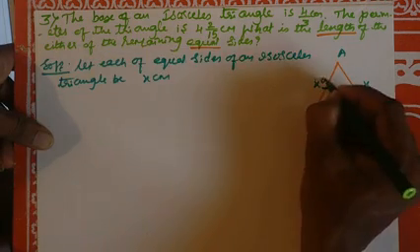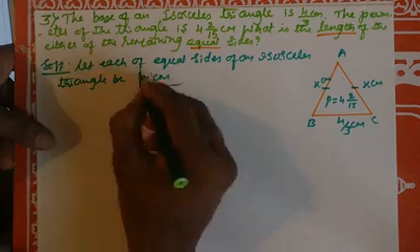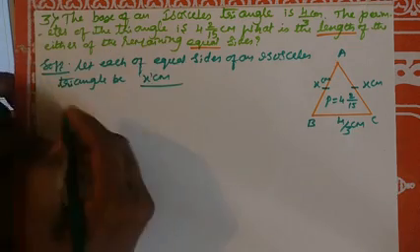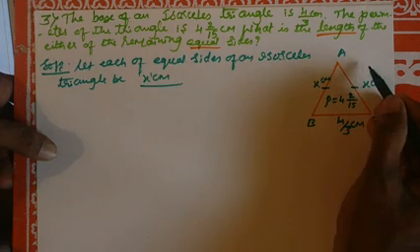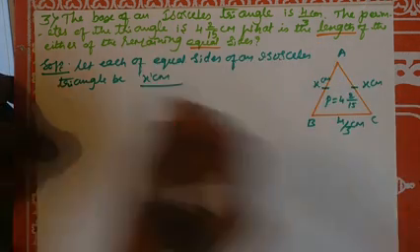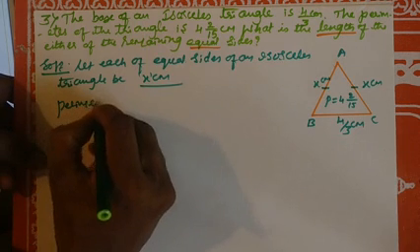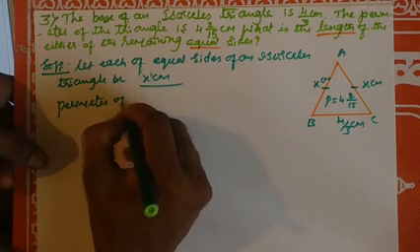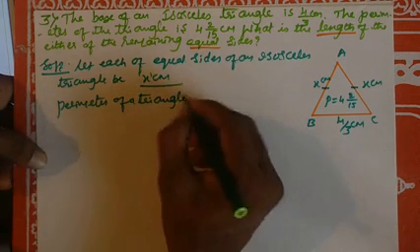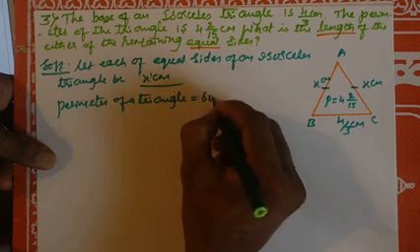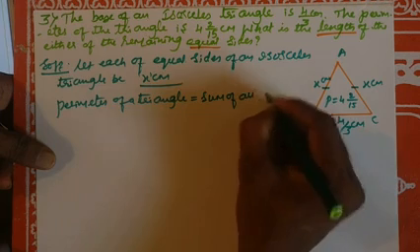I have taken x centimeter here, correct? See, the perimeter of a triangle is equal to the sum of all the three sides.